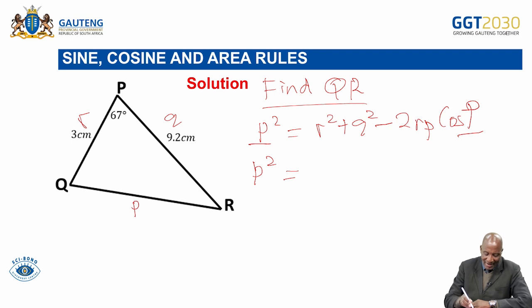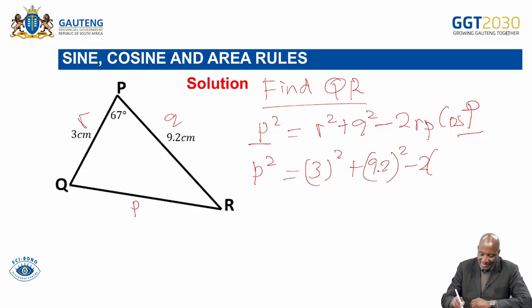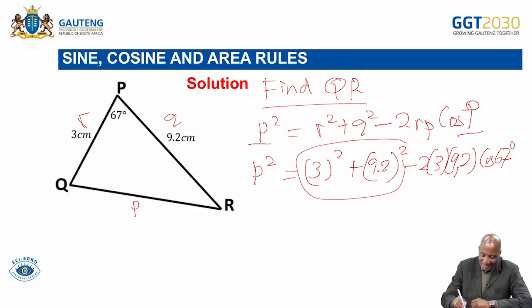We know our r is 3 squared, which will give us a 9, and then we know our q is 9.2 squared, minus twice 3 multiplied by 9.2 cos of 67 degrees. Right, if you simplify here, you punch the whole of this on your calculator.